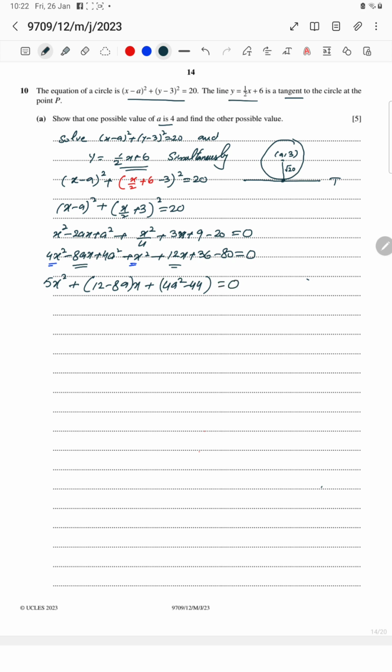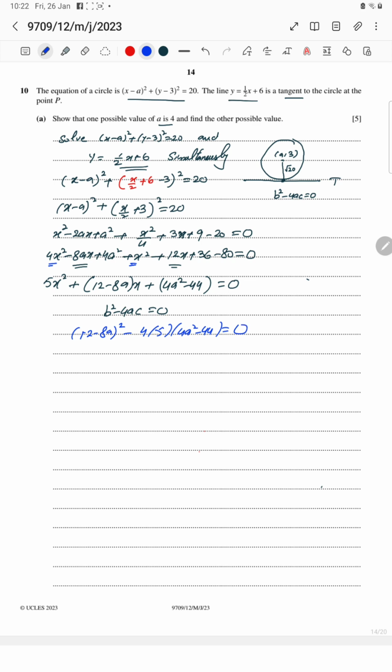Now as a case study for the tangent, we know b square minus 4ac equal to 0. We have only one repeated solution, so we will apply b square minus 4ac equal to 0 for the case of tangent. So it will be (12 minus 8a) whole square minus 4 times 5 times (4a square minus 44).